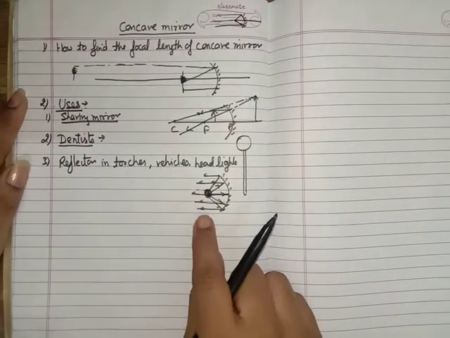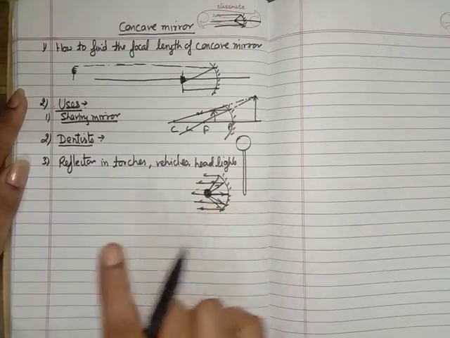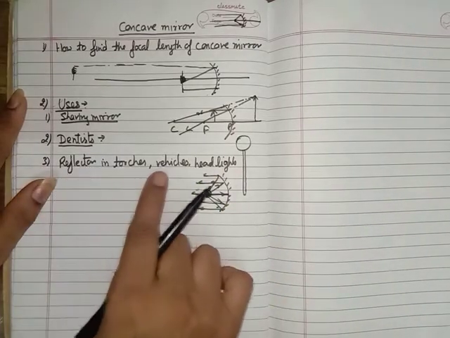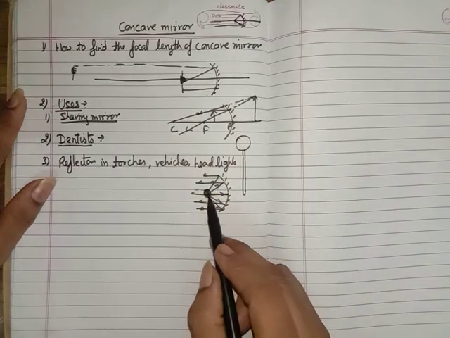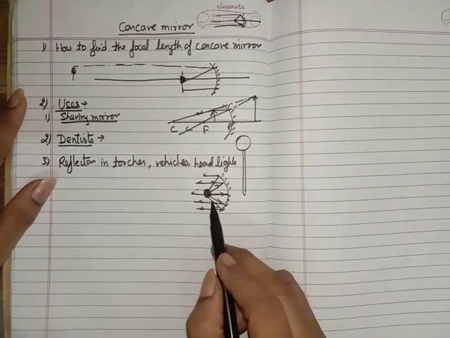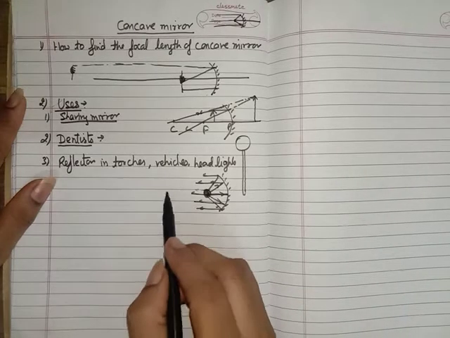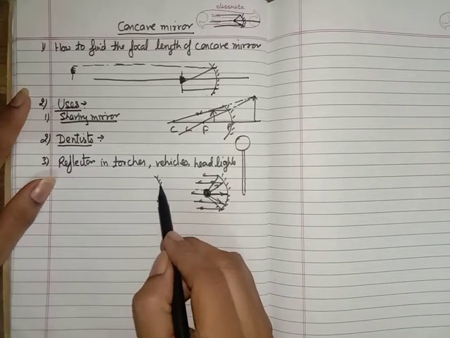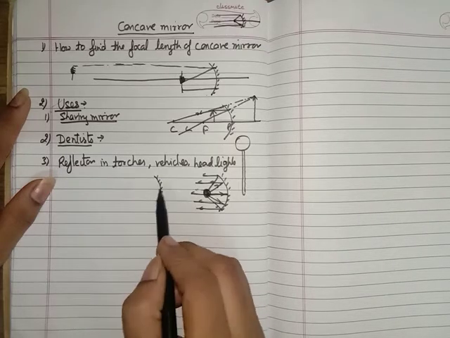So we can use this mirror as a reflector in the torch, in vehicles, or in the headlights. Okay, you have seen in your home in the winters that in your heaters there is also a concave mirror behind the heater.